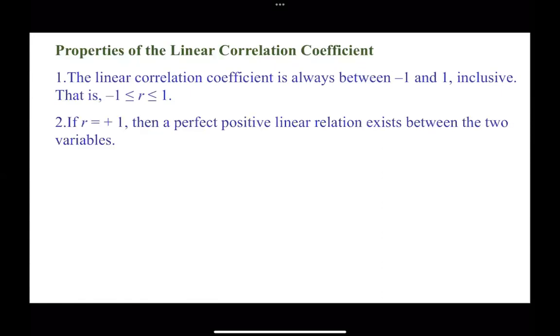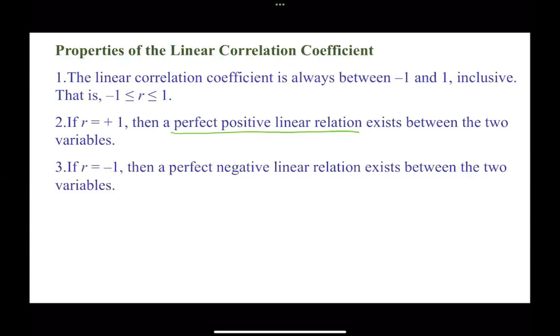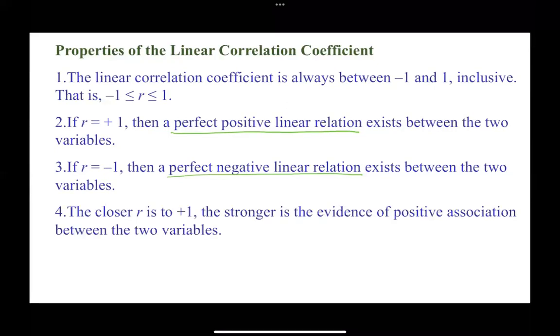If R is +1, it is a perfect positive linear relation. Same thing if it's -1, it is a perfect negative linear relation. So +1 and -1 are perfect. Next, the closer it is to +1, the stronger the positive relation.